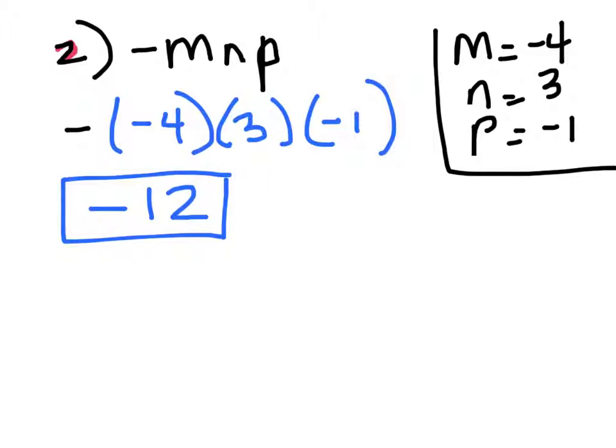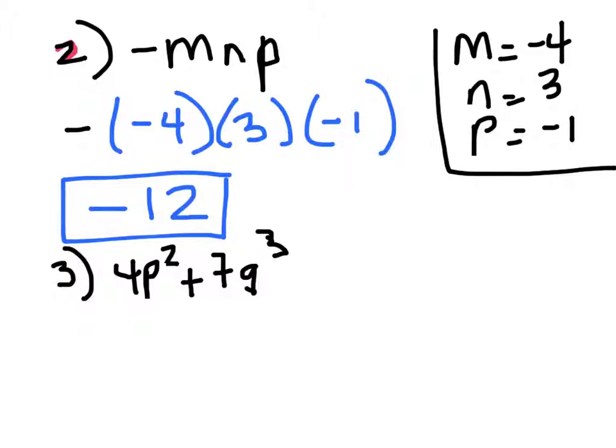Okay, problem number 3 and the last one. We have 4p squared plus 7q to the third power. I know that p is equal to minus 3, and I know that q is equal to minus 2.